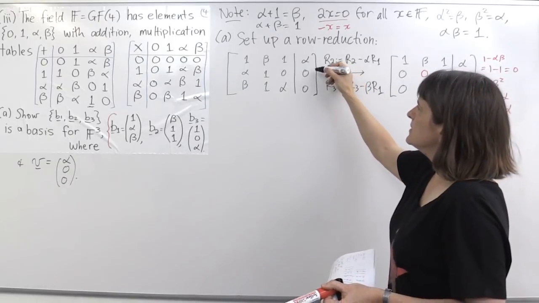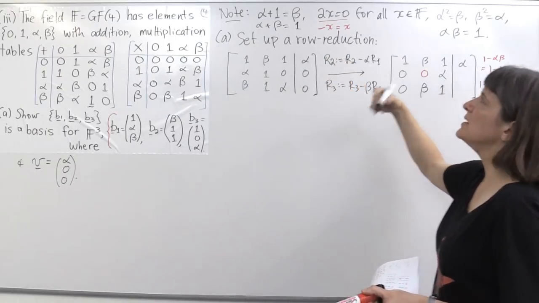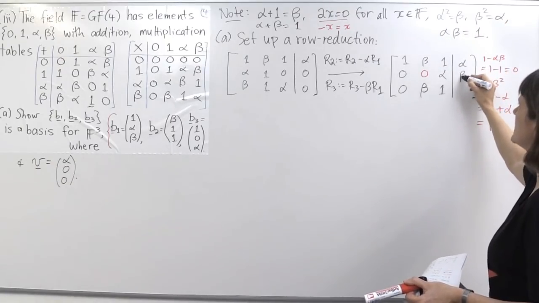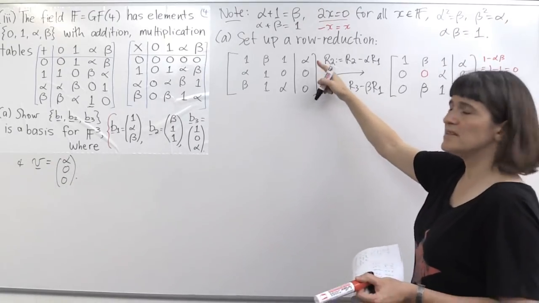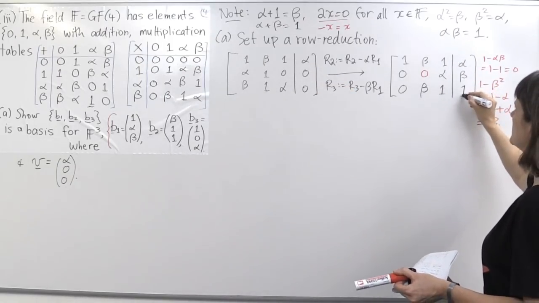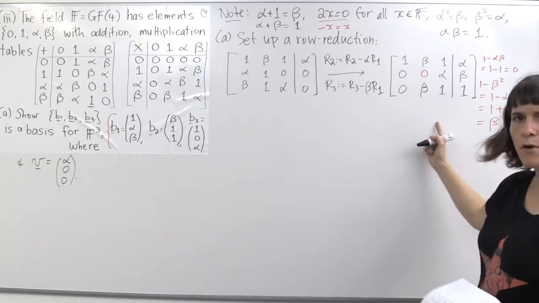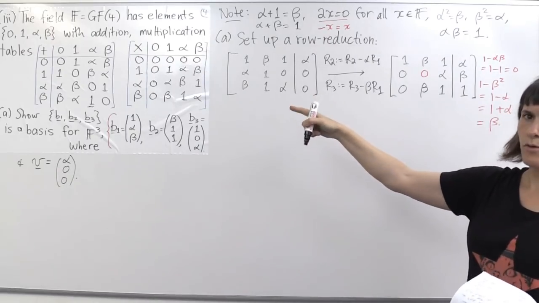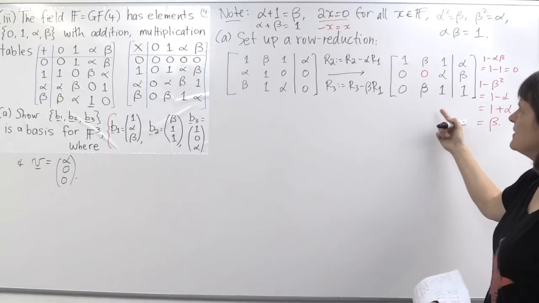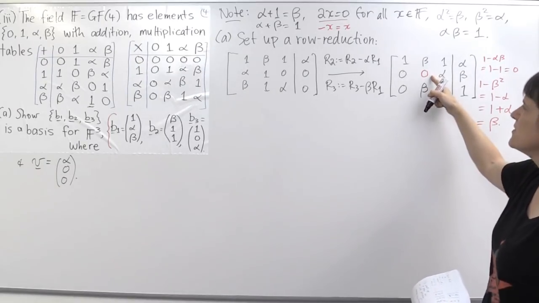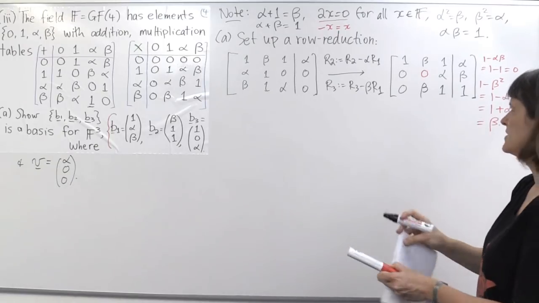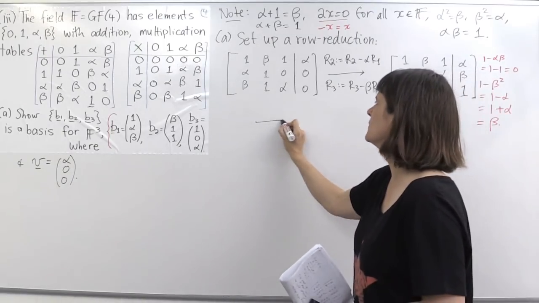So 0 minus alpha squared is the same as alpha squared, and alpha squared is beta. So we'll get a beta here. 0 minus alpha times beta is the same as alpha beta, which is 1. So after you do your careful row reduction using these row and column operations, after one step you get this. Okay? And they've been quite nice to us because there's a 0 here, so let's just swap rows 2 and 3, and that will sort things out for us and put us into row echelon form.